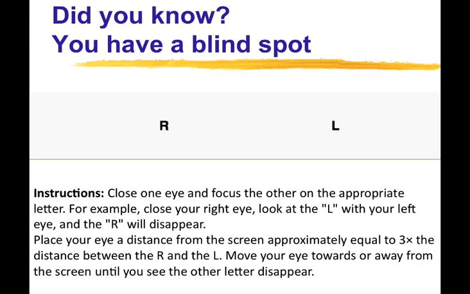And then flip and do the same with your right eye. If it doesn't work, bring it closer to you. You have to close one eye.